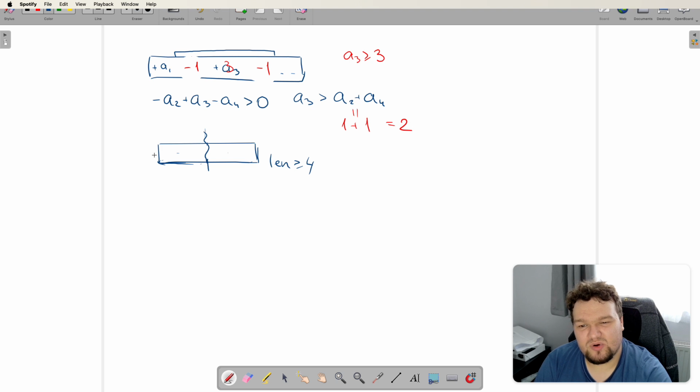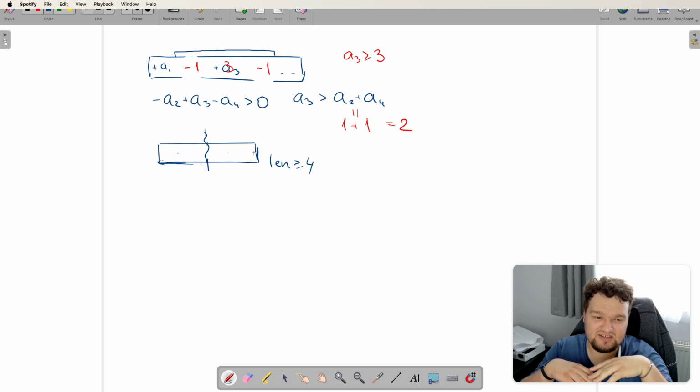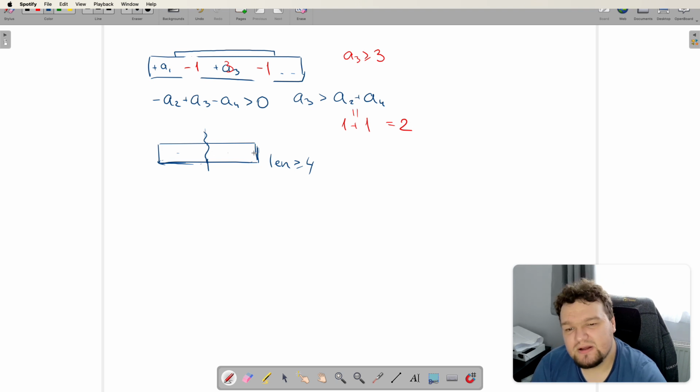So if both halves have positive sum and they're non-overlapping, then the union of those segments also has positive sum, because the sum of two positive numbers is positive.